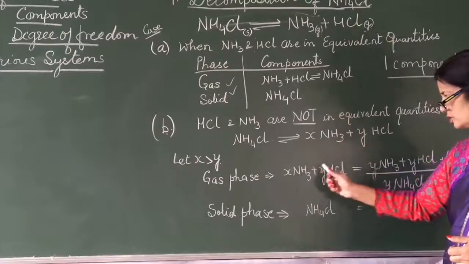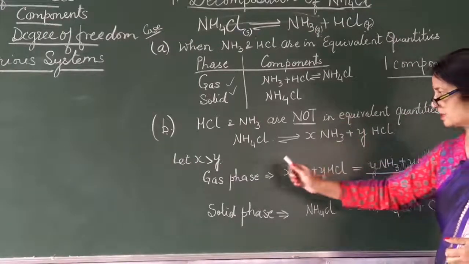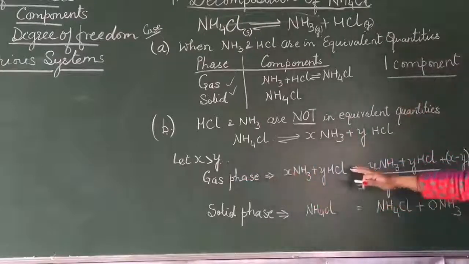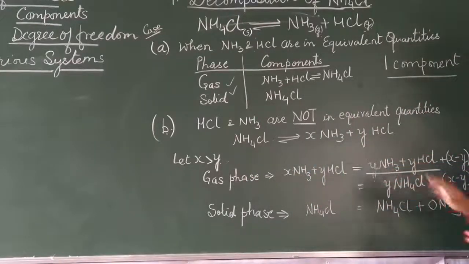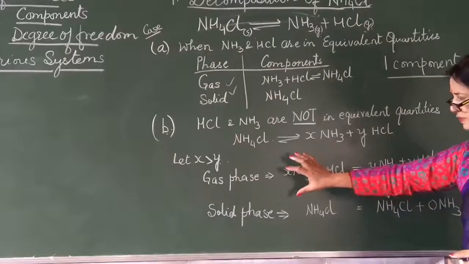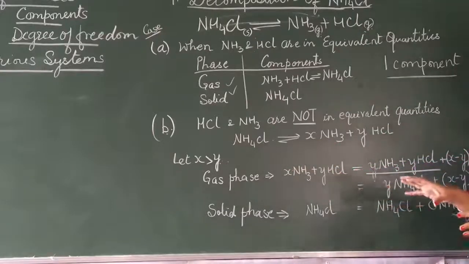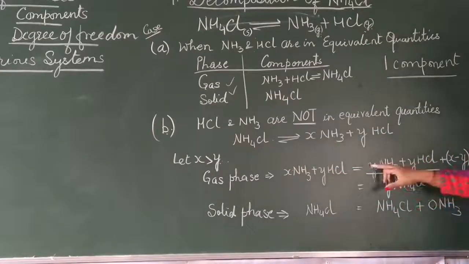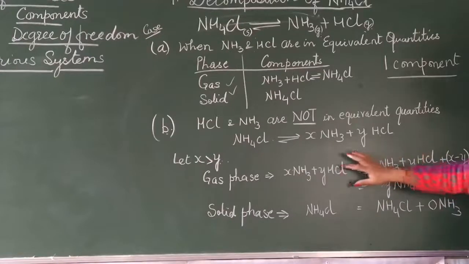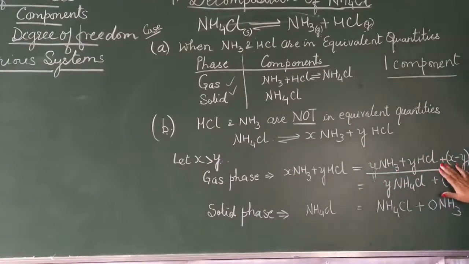So X times of NH3 plus Y times of HCl, and since X is greater than Y, how will we write it? We have taken Y times of NH3 from X times of NH3. So Y times of NH3 plus Y times of HCl plus the remaining X minus Y times of NH3.